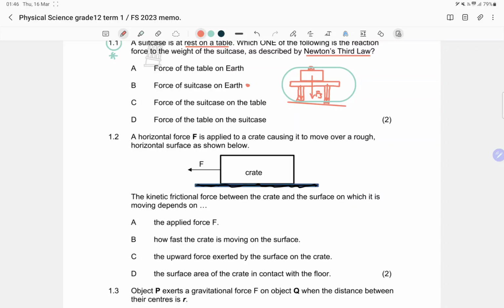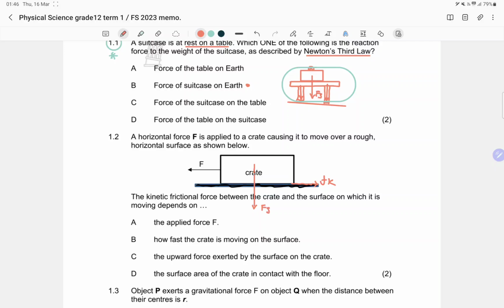1.2, a horizontal force F is applied to a crate, causing it to move over a rough horizontal surface as shown below. If this surface is rough, it means we're going to have frictional force. But since this is movement, it's going to be kinetic friction. What other forces must we think about? We can think about the weight of the crate.